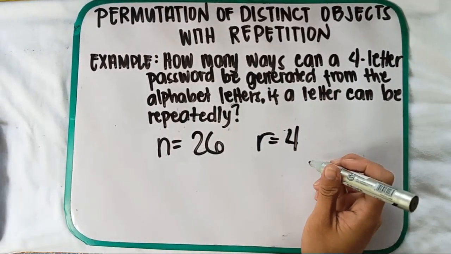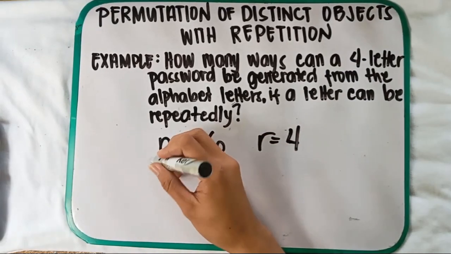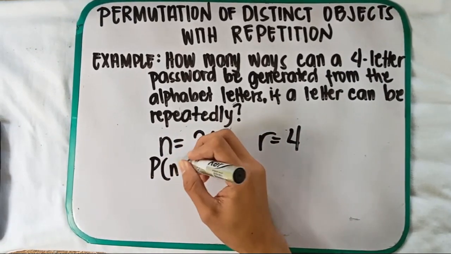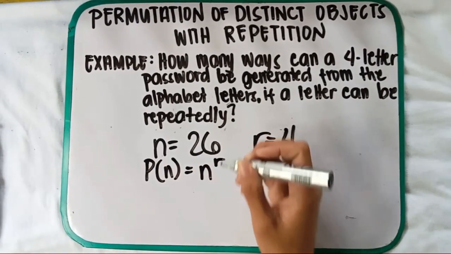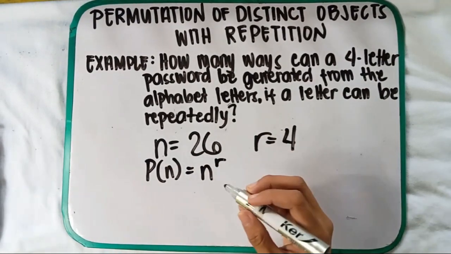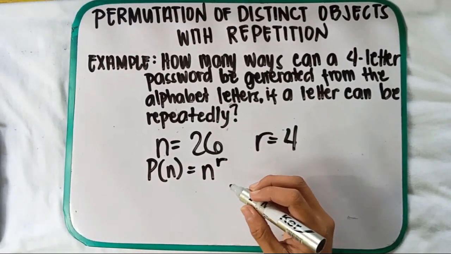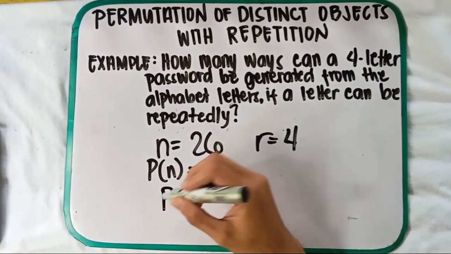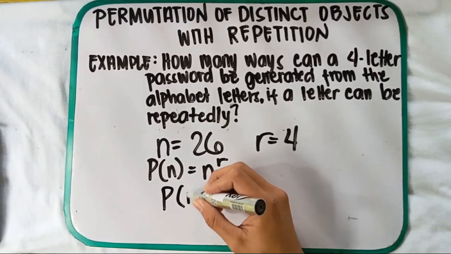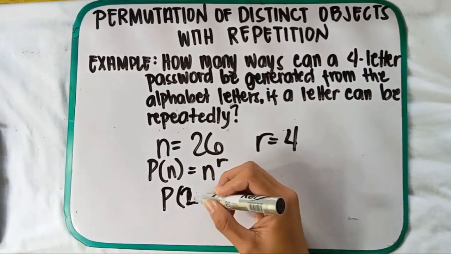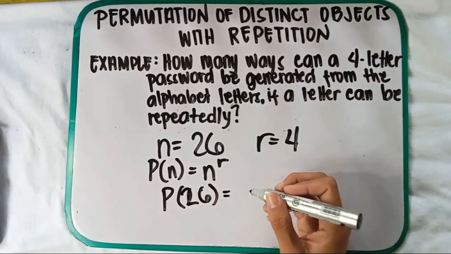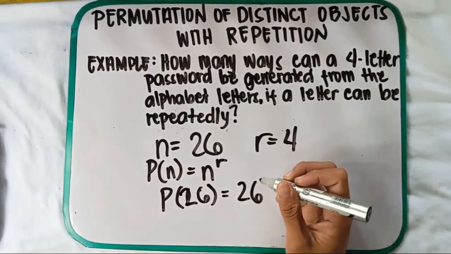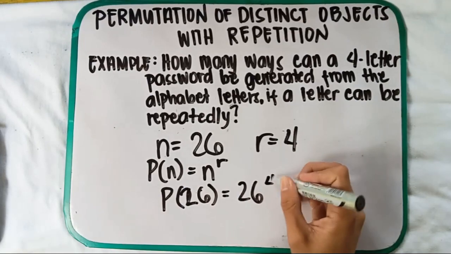To solve this problem, we're going to write the formula, which is P of n is equal to n raised to r. Let's come now to the substitution. So P of 26 is equal to 26 raised to 4.